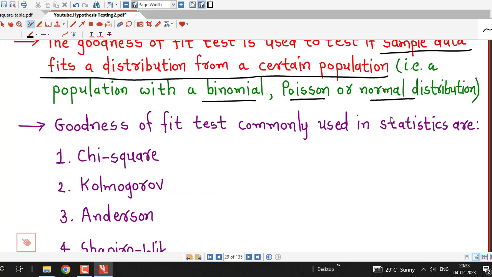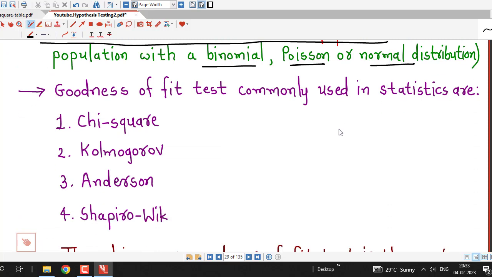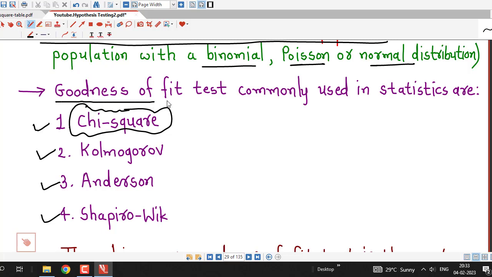The goodness of fit tests commonly used in statistics are these four: the chi-square goodness of fit test, the Kolmogorov goodness of fit test, Anderson, and Shapiro-Wilk goodness of fit test. In our course we are going to discuss only one, called the chi-square goodness of fit test, which uses the chi-square distribution, and we have only this one in our syllabus.